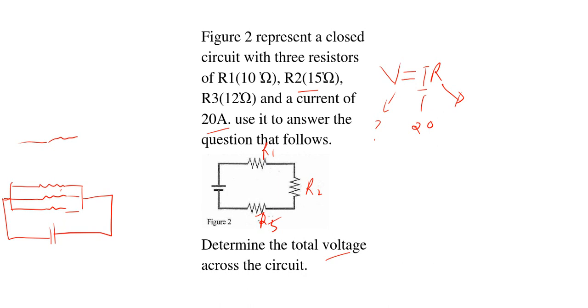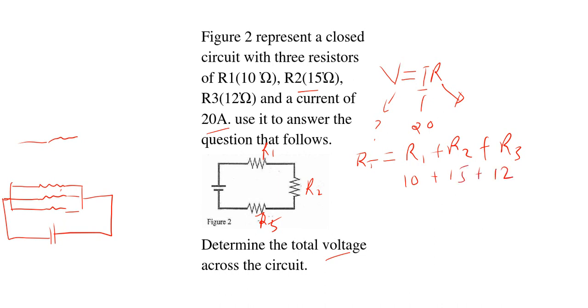So to get the total resistance in a series circuit, what do we do? We add the individual resistances. So in this case, our RT, which is total, will be R1 plus R2 plus R3, which is 10 plus 15 plus 12.